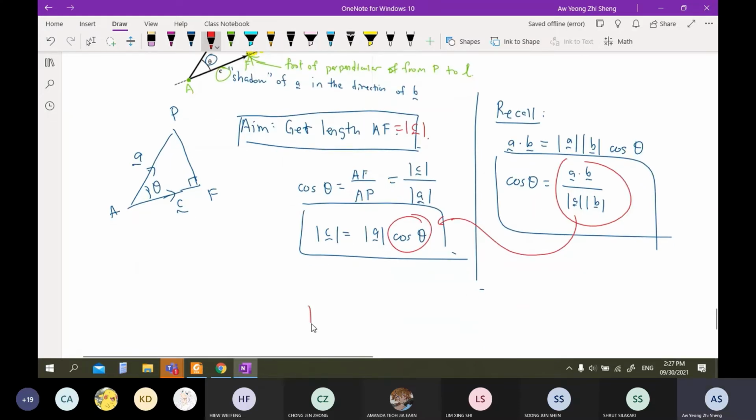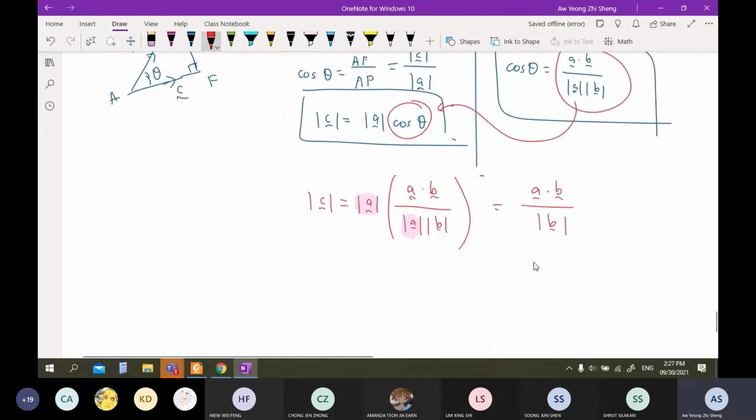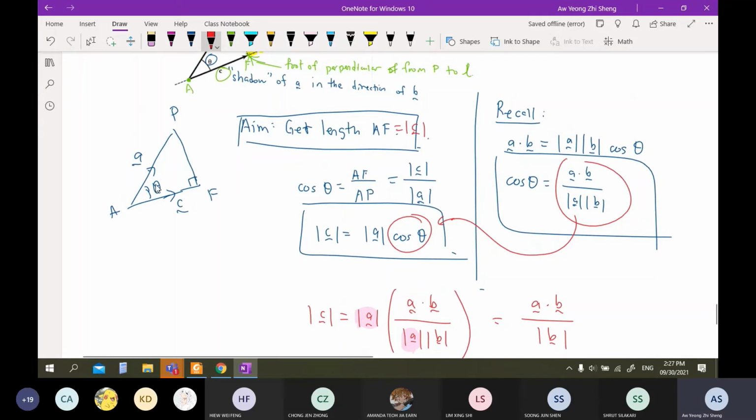And then what we get is length of C is length of A times A dot B divided by length of A, length of B. Length of A, length of A, these are just some positive numbers which are equal, so you can cancel. You end up getting A dot B divided by length of B. Okay, so this will be the formula for length of projection for the case when theta is acute.